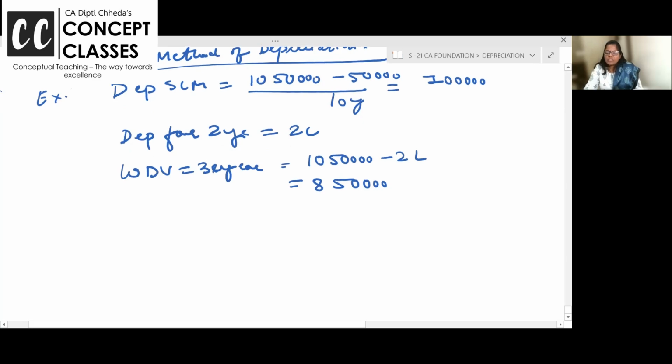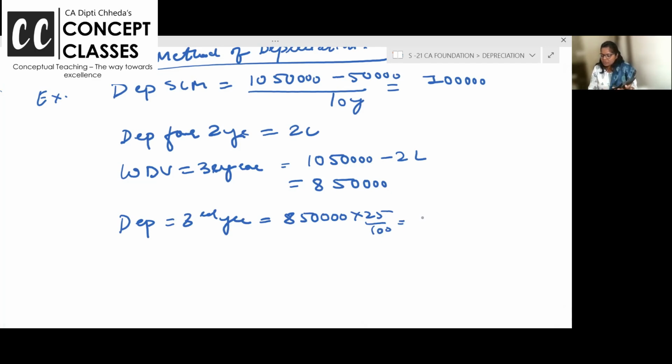And what are you going to charge as depreciation from now onwards? 25% WDV. So what is the depreciation of the third year? 8,50,000 into 25% is 2,12,500. 2,12,500 is the depreciation for the third year.